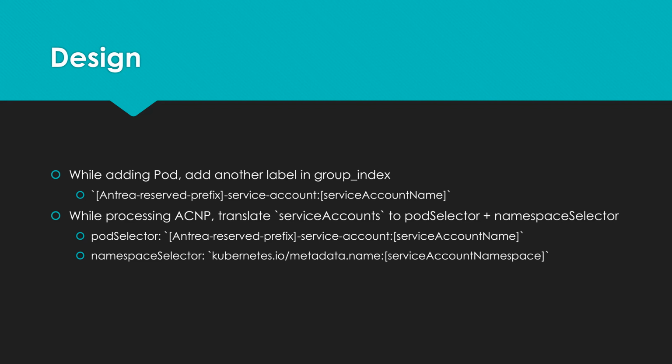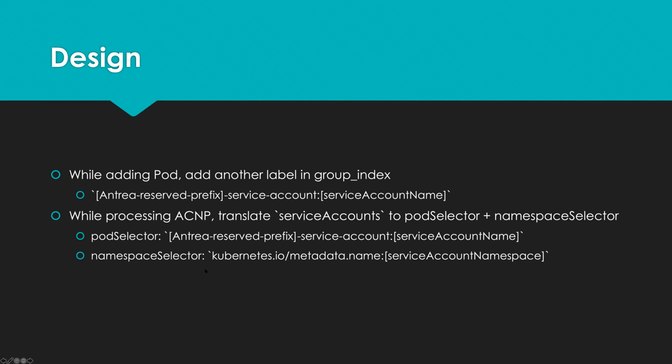And with a namespace selector, we use the namespace name as the label to select this namespace, like kubernetes.io/metadata.name, and the label value is ns-1. So after these two steps, all other logic already exists in the Antrea code, so it can mostly reuse the current code base.